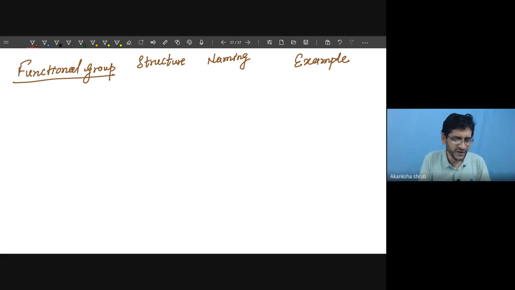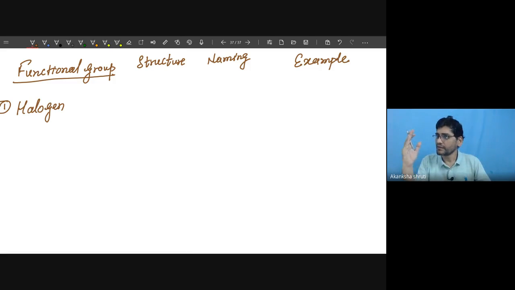The very first or the simplest one is called the halo group. Halo means halogen. In carbon compounds we learn that the group below the inert gases, the 17th group, is called the halogen group. So it is halogen or halo.